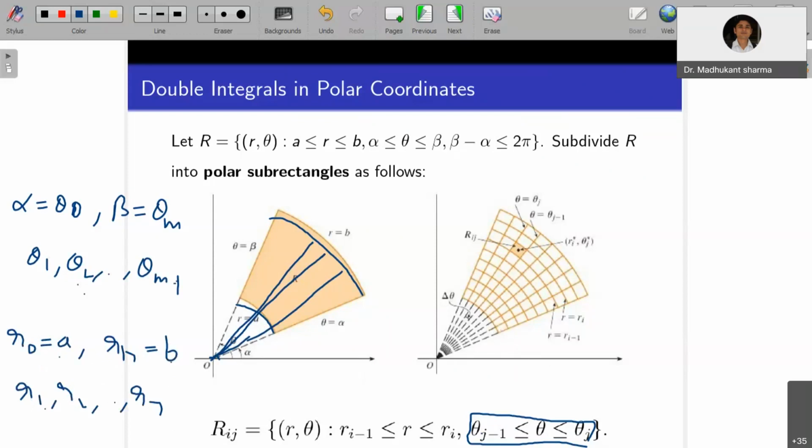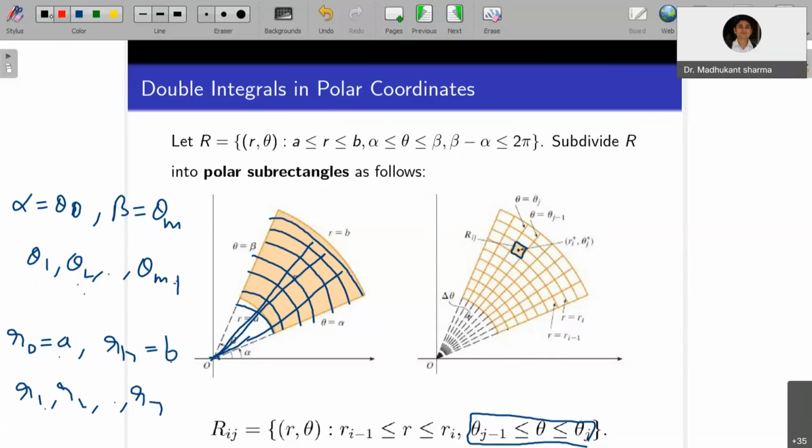You are subdividing into smaller polar rectangles. Now I am marking this polar rectangle.